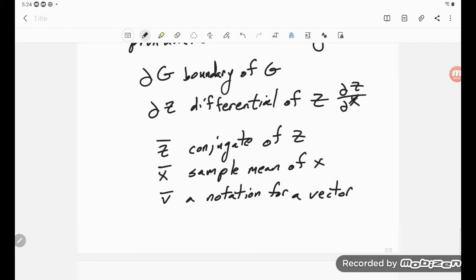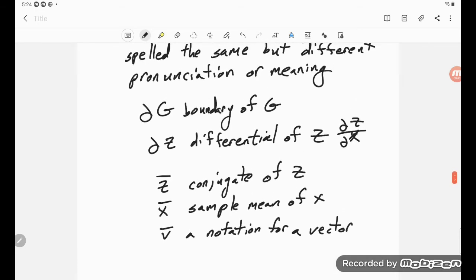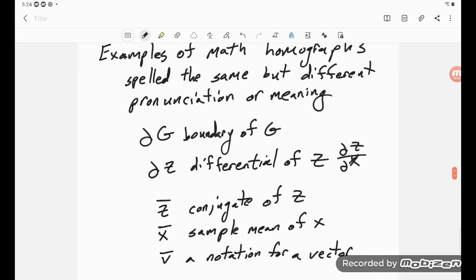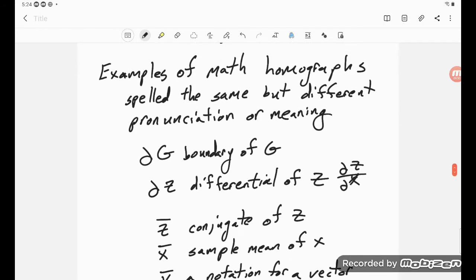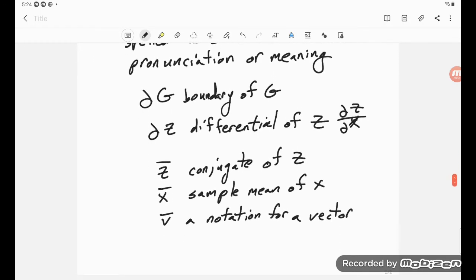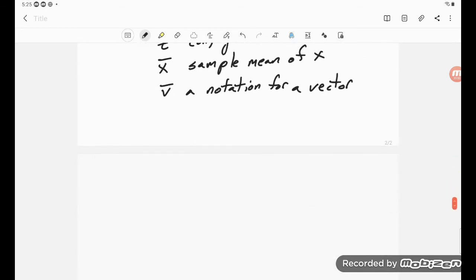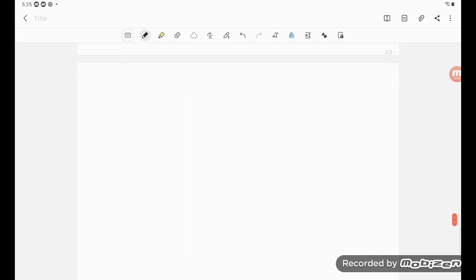So, I often say math is a language, and languages have these things like homographs. And so it takes context to make sure you know what you're talking about. And sometimes you can get confused because maybe there's not enough context. Okay, so enough about the homographs, but I think that's a good thing to realize.